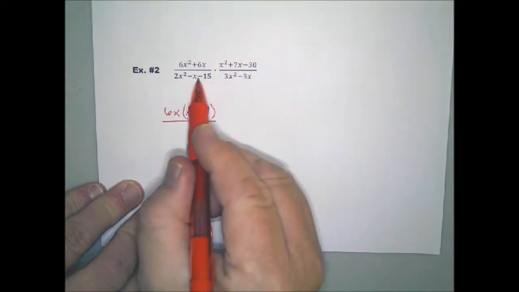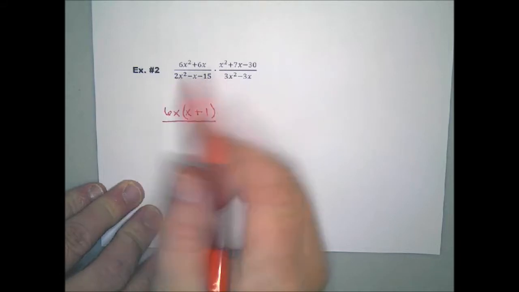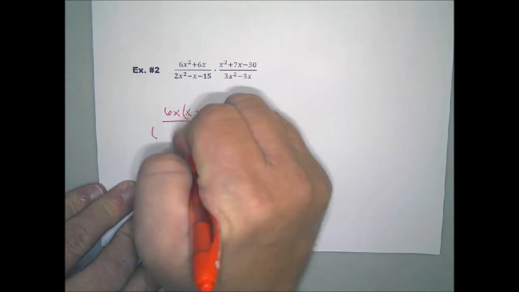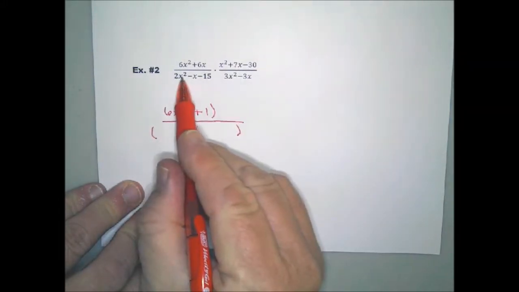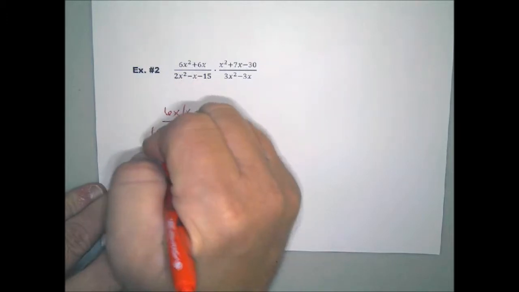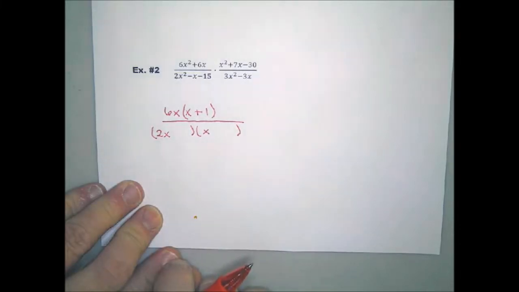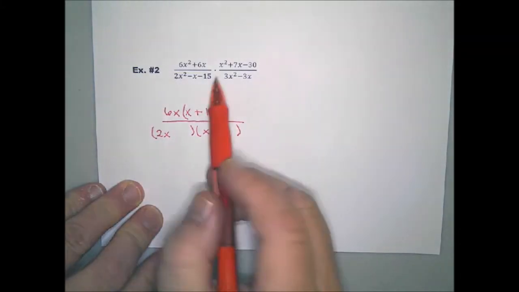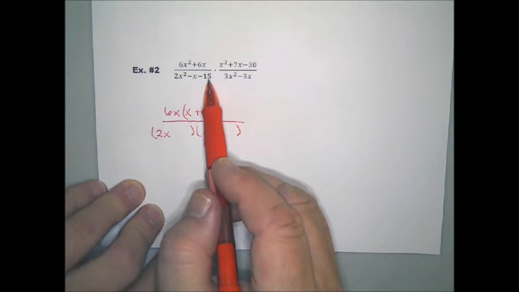Now the denominator of the first fraction, I've got a trinomial, but there's a leading coefficient of 2. So we're going to have to do a guess and check. So 2x squared as my first term means one of these is going to be 2x and the other one's going to be x. Now for the second term, I've got minus 15, which can either be the pair of 15 and 1 or 3 and 5.